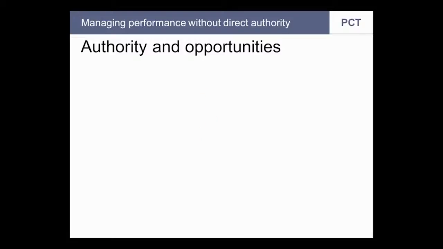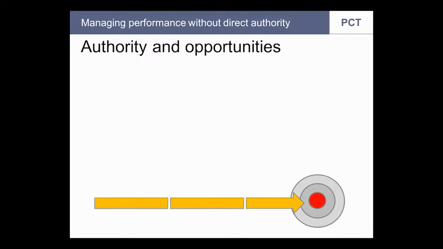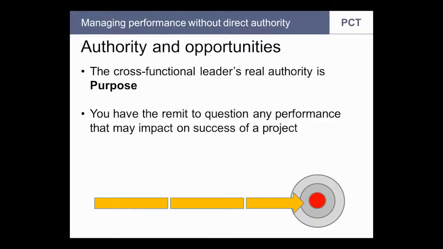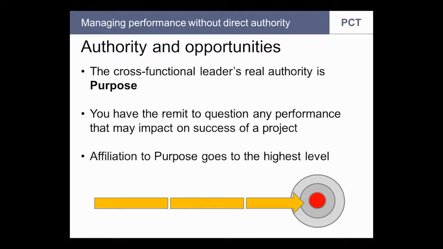The main source of your authority as a project manager is in fact the purpose or the goal and outcome of your project, and you have the remit to question performance that impacts success. Remember, your project may well be a multi-million-dollar initiative authorised at the highest level in the organisation, so you are tapping into a powerful source of authority.